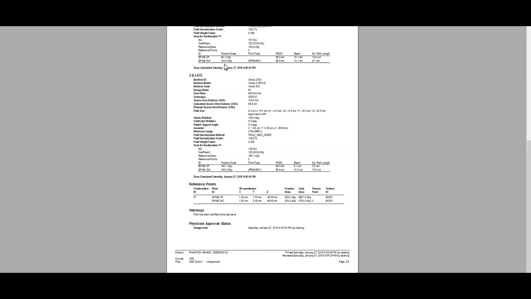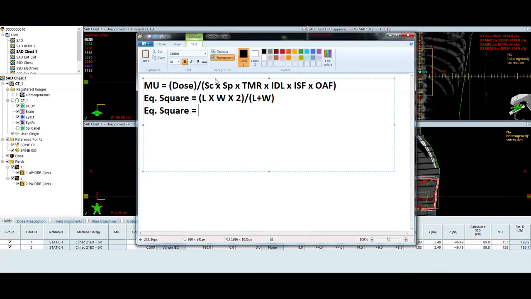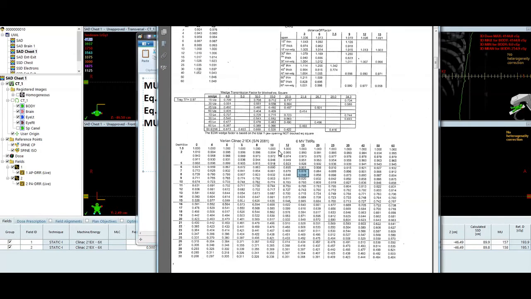My dose is 125. Again, I have a 50% beam weighting, and I'm delivering 250 centigray, so 250 divided by 2 is 125. Collimator scatter factor is 1, phantom scatter factor is 1. Tissue max ratio, if I go to a 10 centimeter field size and I go down to a 15 centimeter depth, I'm at 0.635.